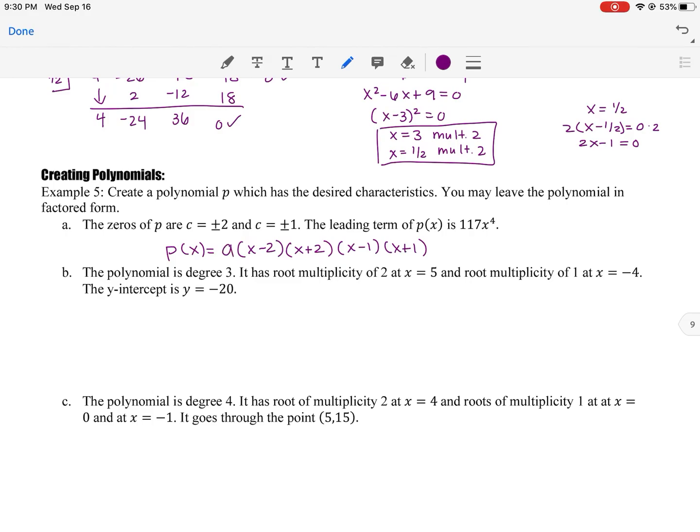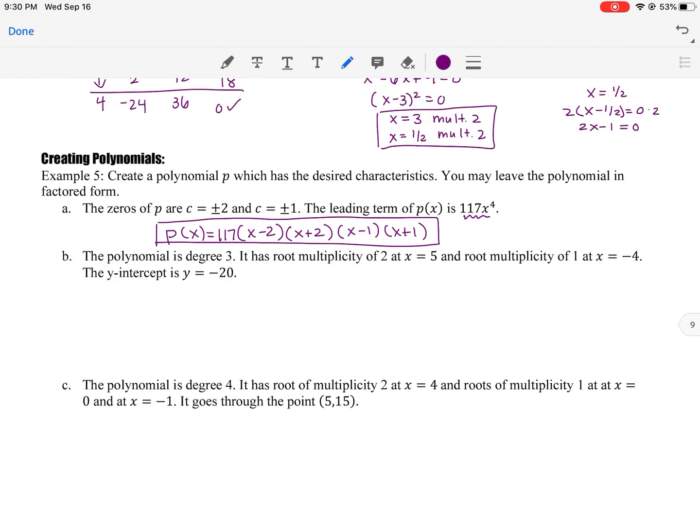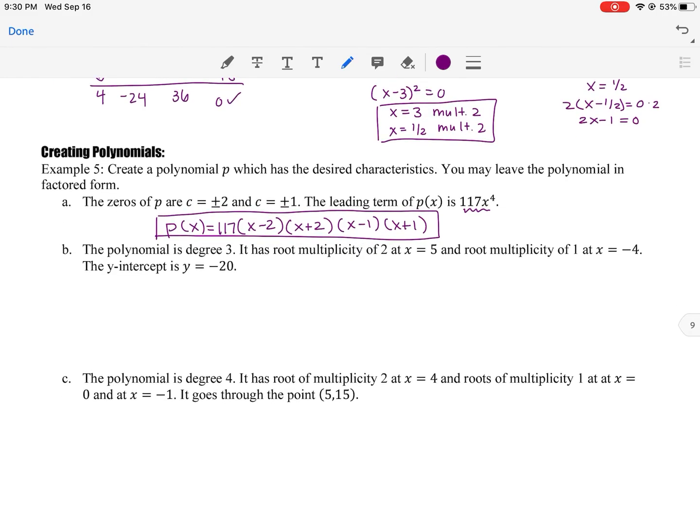Just like in the last lesson, we usually have to solve for some a out front. But here, if it tells you your leading term is 117 x to the 4th, we know we get the 4th degree from the 4 different zeros, and they're just saying the number out front is 117. And you're done.